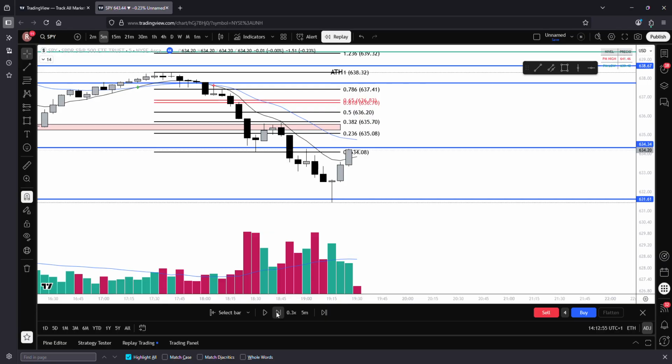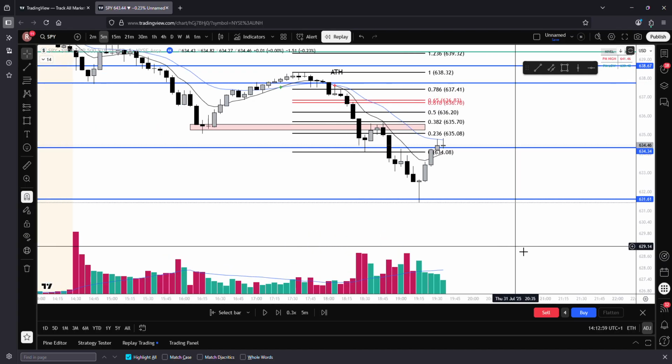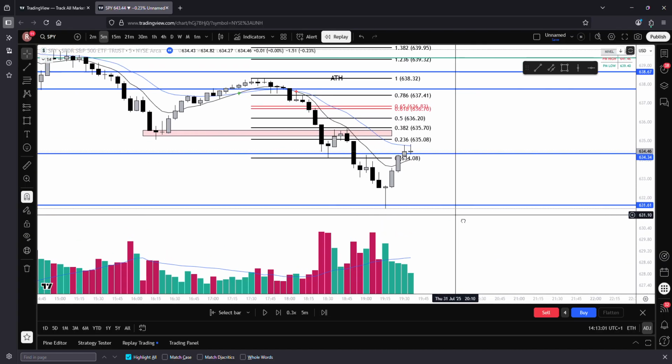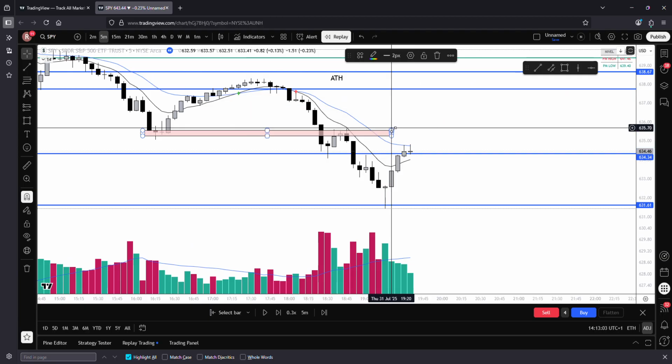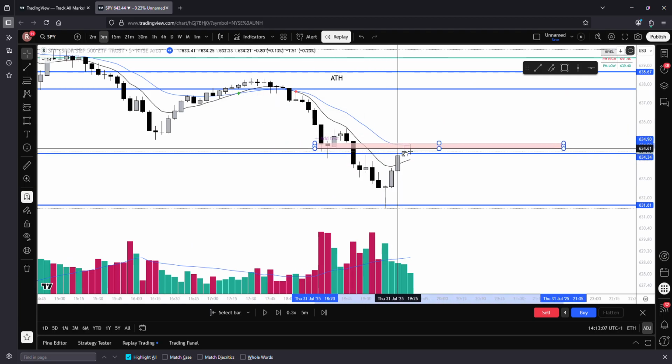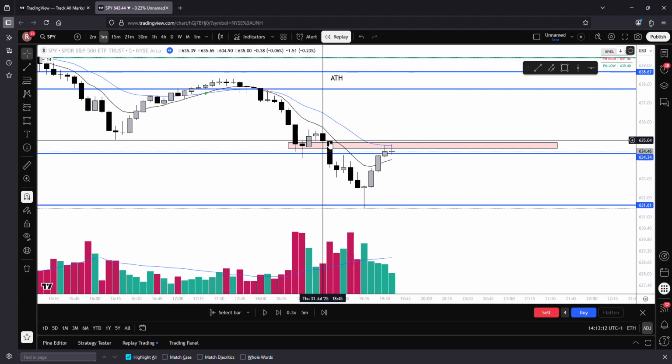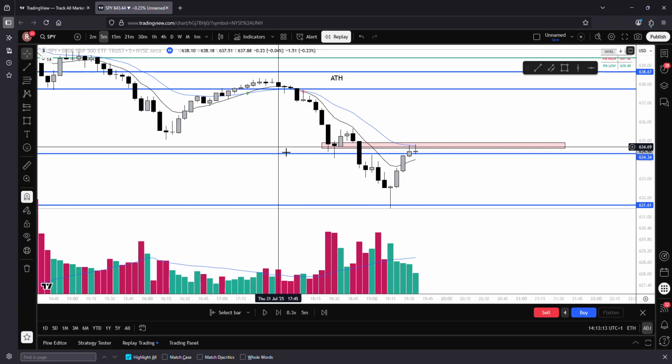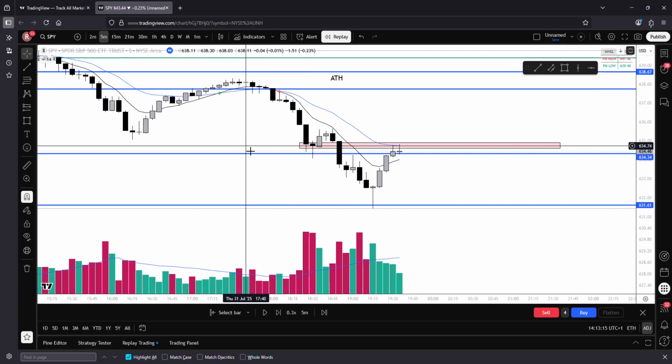We will roll this on a little bit more, and as you can see, the market has got a little bounce going on here. However, if we just take this and mark the lower end of this range here, there's also an imbalance here.